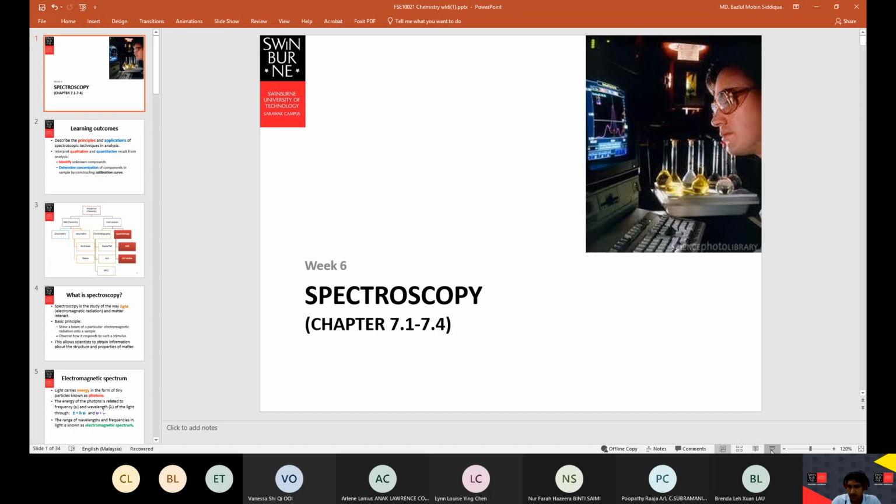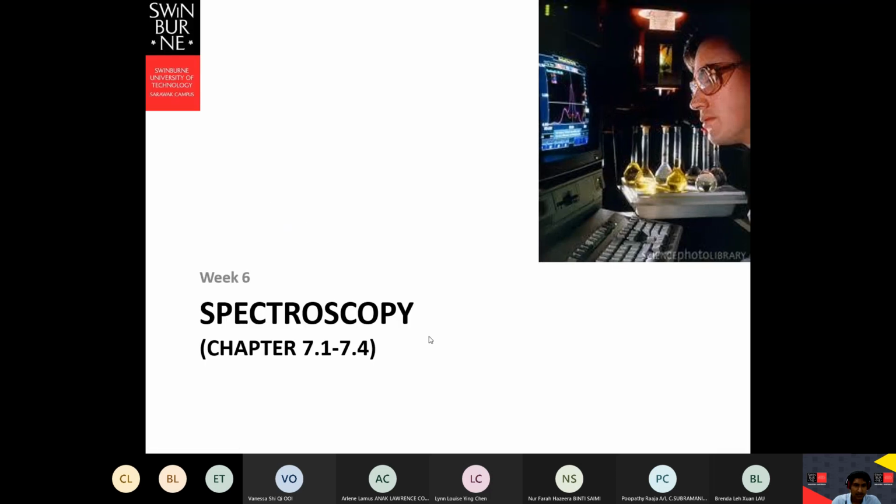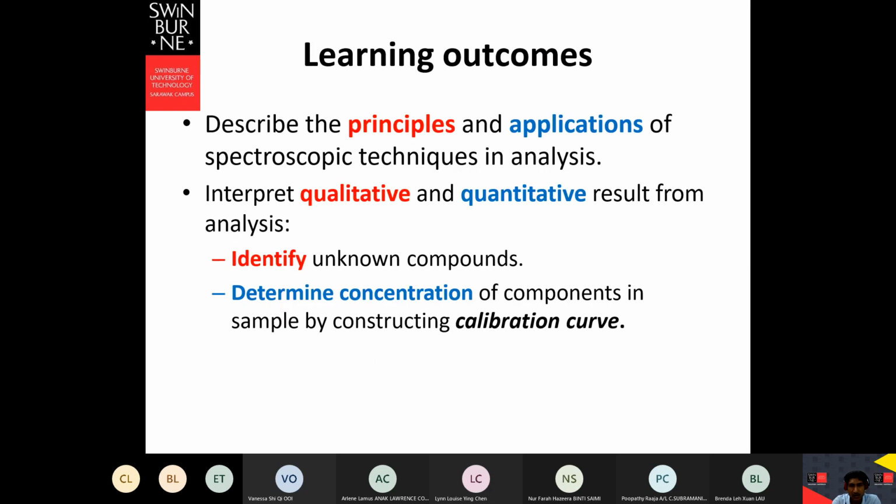But for today's aims, the learning objectives for our lecture today, are to describe and understand the principle of how spectroscopic analysis works.